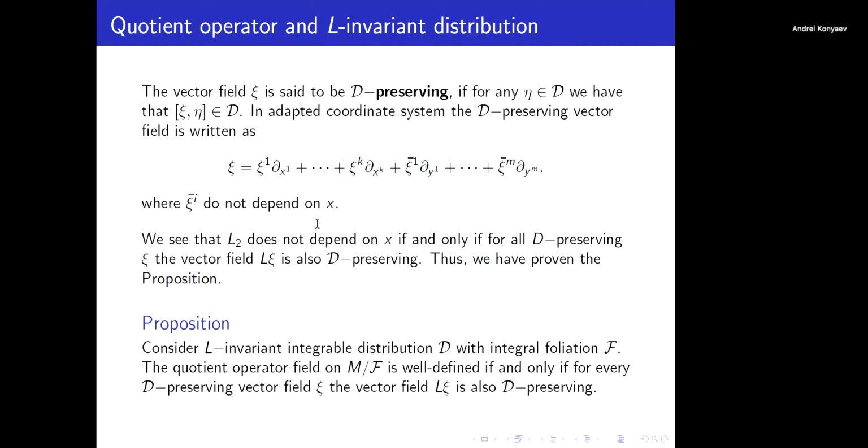It looks very simple. If you commute, because this is an adapted coordinate system, and D is spanned by the first partial x_i's, those vector fields. So we need to commute, and we'll see that for this vector field to lie in the distribution, these components should not depend on x.